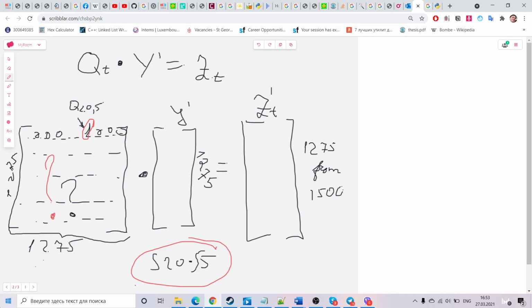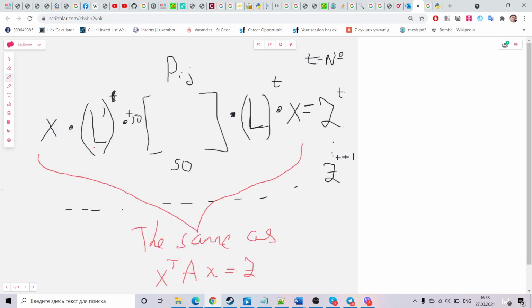Secondly, I have an idea how we can show our calculation in another way. So let's consider that we have z of t. Just one.